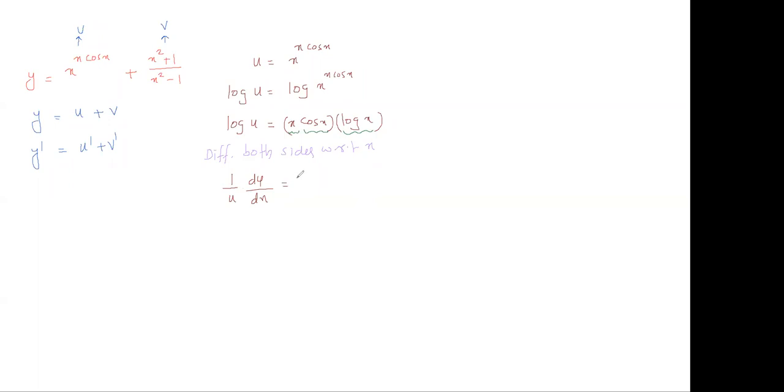So derivative of x is 1 into other two functions, cos x into log x, plus x into derivative of cos x, that is minus sin x into log x, plus x into cos x into derivative of log x, which is equal to 1 by x.